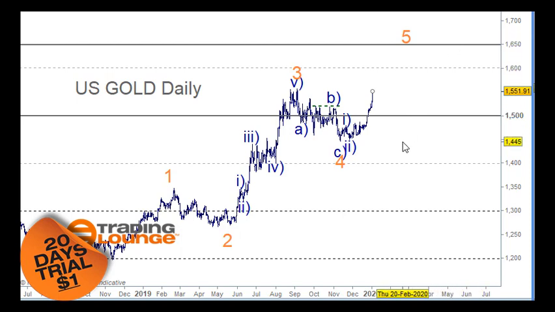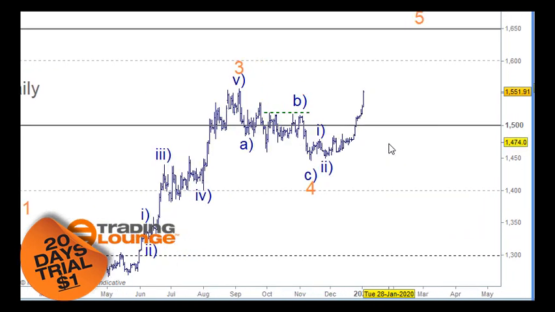We'll just track the structure. Commodities can tend to have extensions in wave 5 as well, so we'll need to be mindful of that. But this certainly has further to move to the upside.